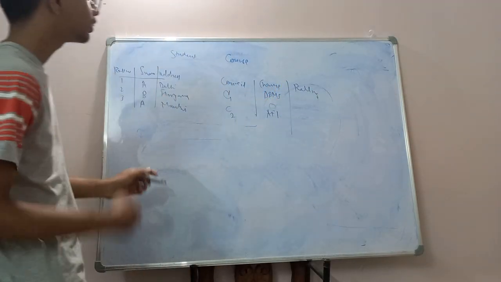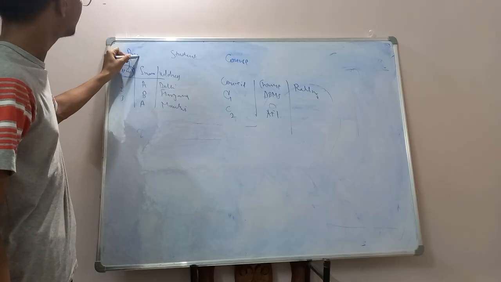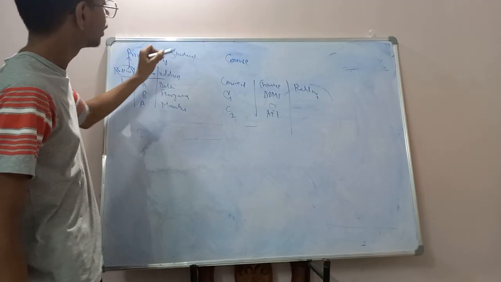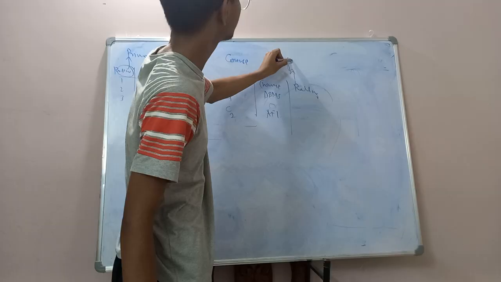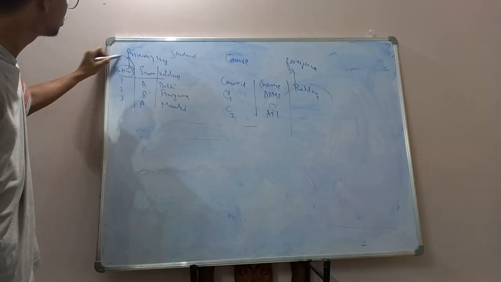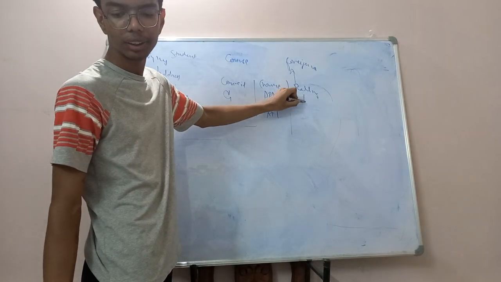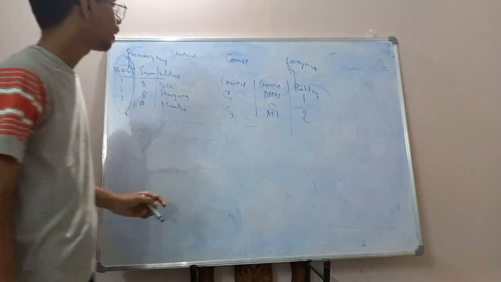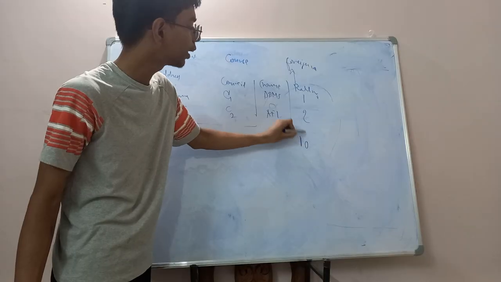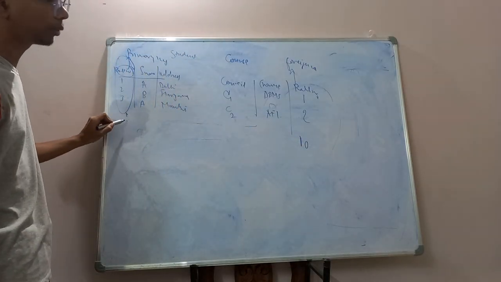But now what is the difference here? Here my roll number will act as primary key, no doubt, but here my roll number will act as foreign key, because here I will be taking the roll number with reference to these roll numbers, right? So I will write accordingly. I cannot write here roll number 10 because I don't have any student here having roll number 10.